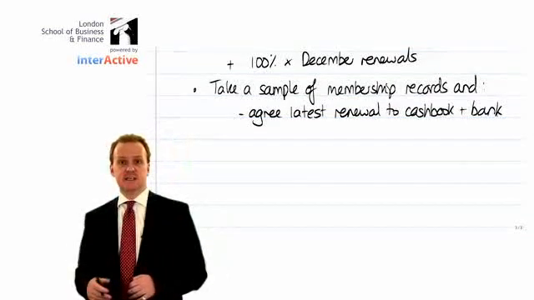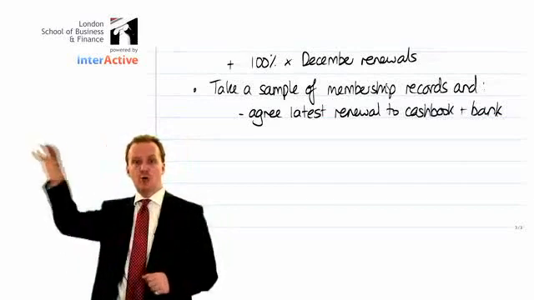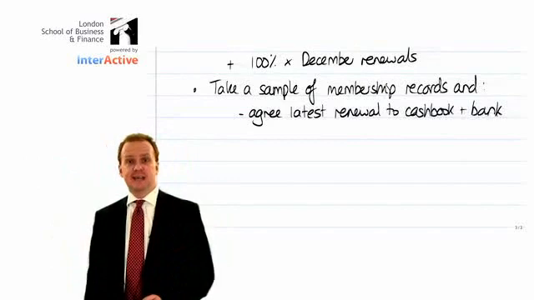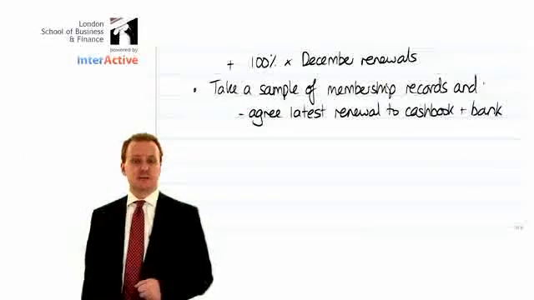Now, the first 2 tests I did were analytical and looked at the total figure to see if it looked about right. Of course, another way of auditing is to take samples and test individual items.